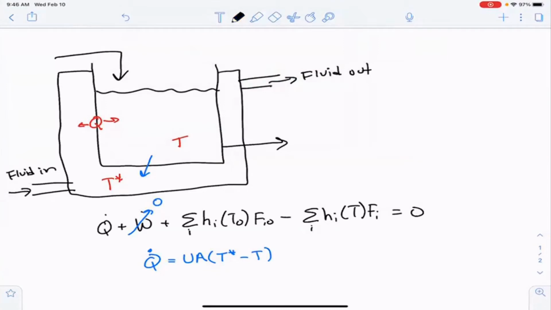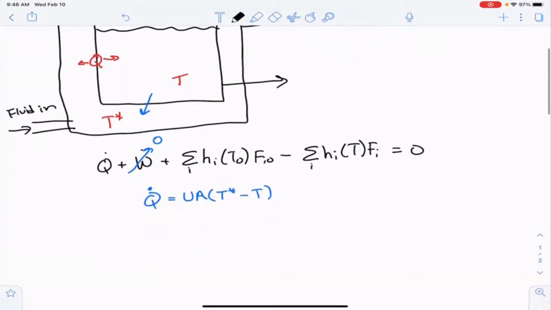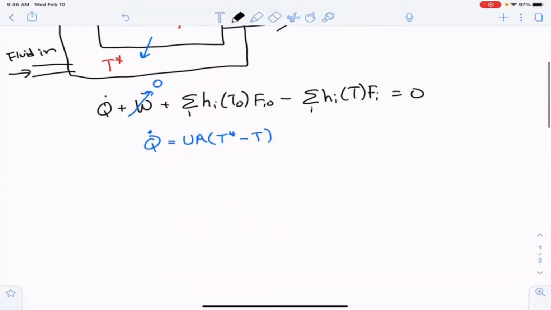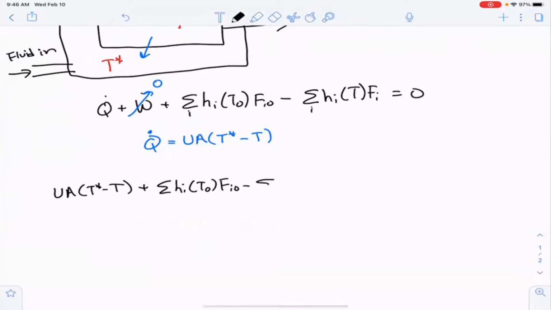All right. So let's look at how this influences our derivation that we had last time. So now we have this UA times T star minus T plus the sum of the enthalpy entering, right, at the initial temperature from flow minus the enthalpy that's leaving at the exit temperature from flow is equal to 0.